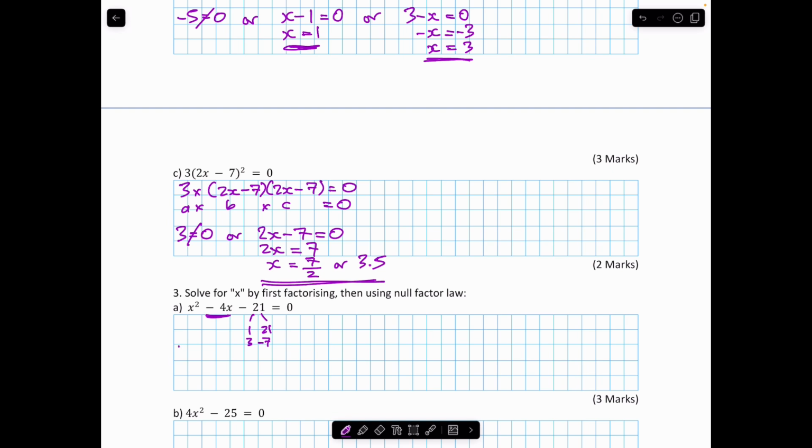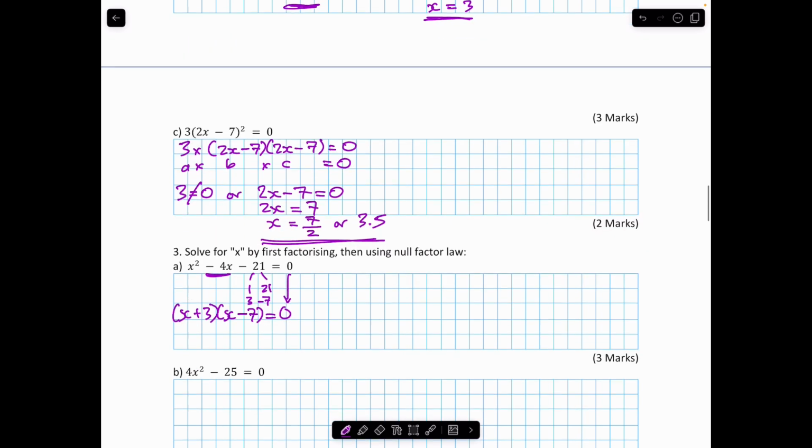So factorize is going to be x plus 3, x takes 7, and it equals 0. It's null factor law now, so x plus 3 equals 0, or x takes 7 equals 0. So x is equal to negative 3, or x is equal to 7 are your answers there.